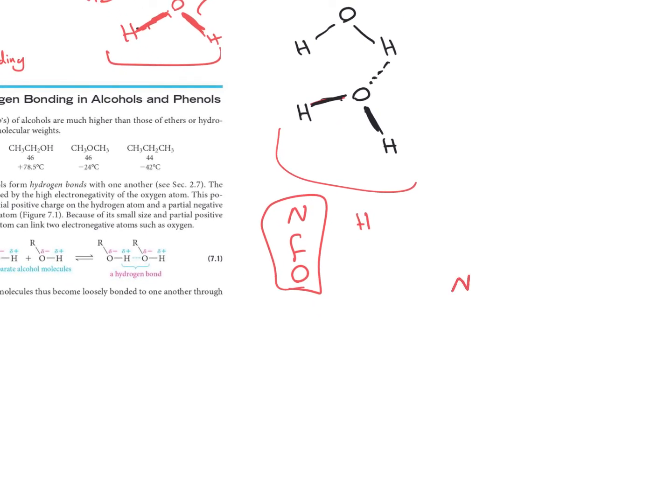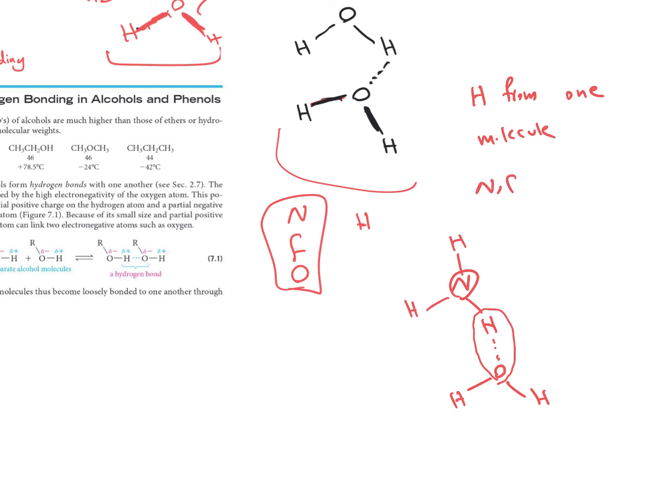For instance, if I had NH3, between the nitrogen of NH3 and, for instance, the oxygen from H2O, I could have hydrogen bonding. So it would be hydrogen from one molecule, and nitrogen, fluorine, or oxygen from the other molecule. Does that seem familiar? Good. Any questions?